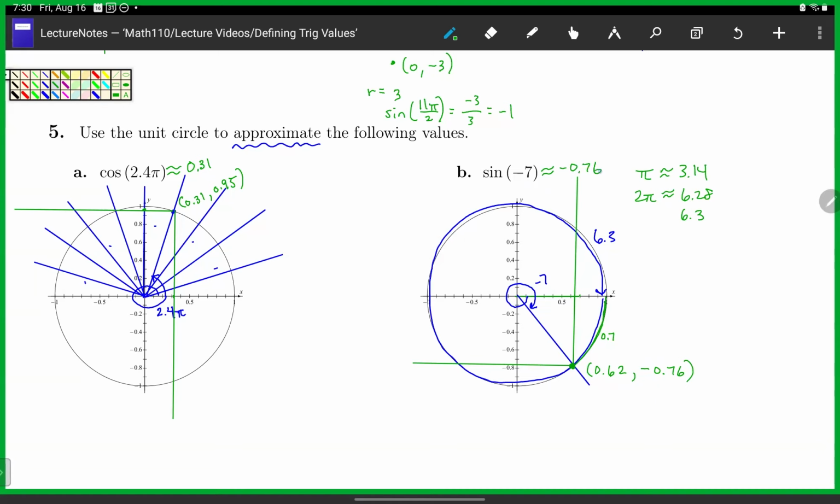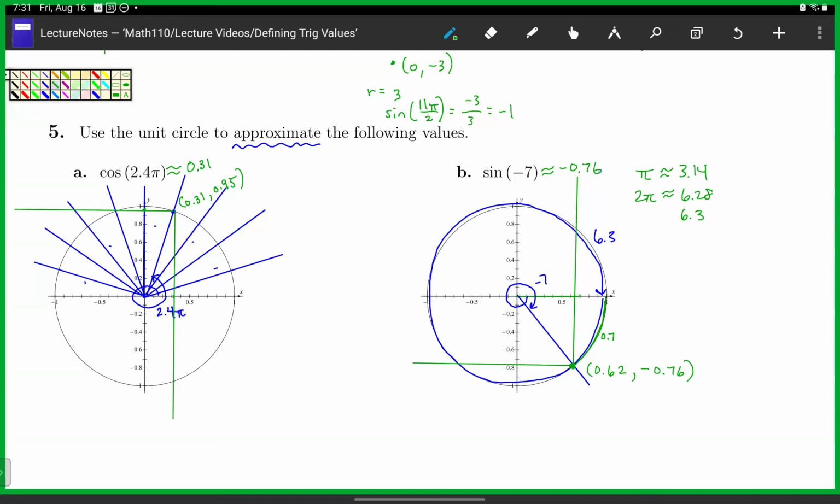Okay, so based on my picture, I got that sine of -7 is the y-coordinate here, which would be -0.76. Okay, and using my calculator to actually calculate the sine of -7, where -7 is in radian measure, I get the sine of -7 is approximately -0.66, so I was off by a pretty large margin on there.